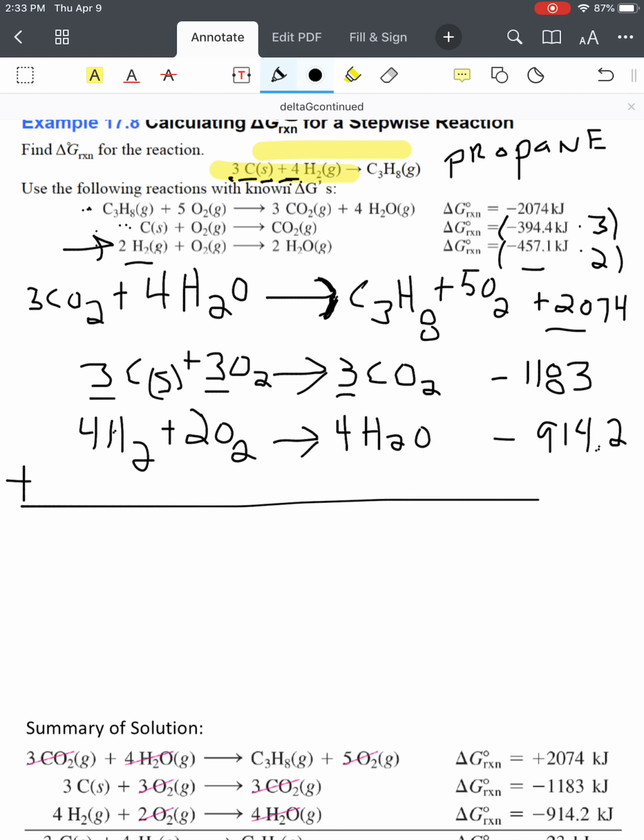So I think now we're ready to add up these reactions. When I do so, if I look at oxygen, I've got 5 copies over here, and I've got 3 and 2. So sure enough, 5 copies are produced on the right, and I use 5. There's no net change with respect to oxygen. It just kind of goes away, doesn't it?